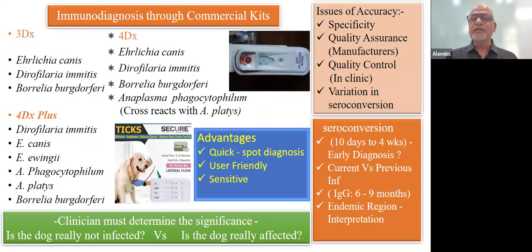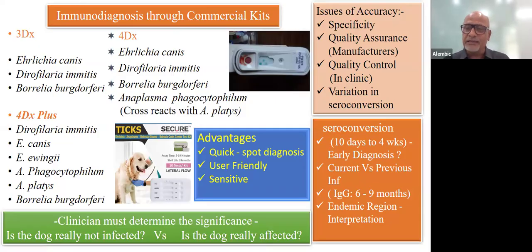Then coming to immunodiagnosis, that is the second approach. In immunodiagnosis, ideally, I feel that there should be an immunology laboratory engaged in doing certain basic techniques like indirect fluorescent antibody techniques or immunoassays. These are two very good techniques for diagnosis of canine vector-borne diseases or even hemoparasitic infection.